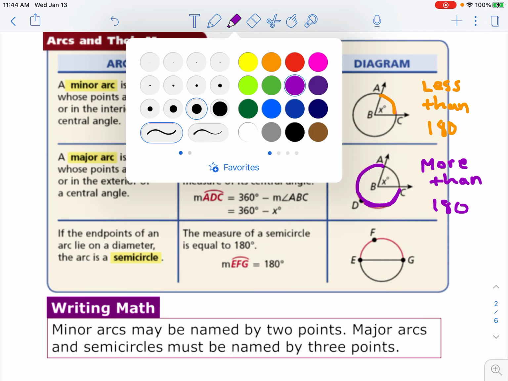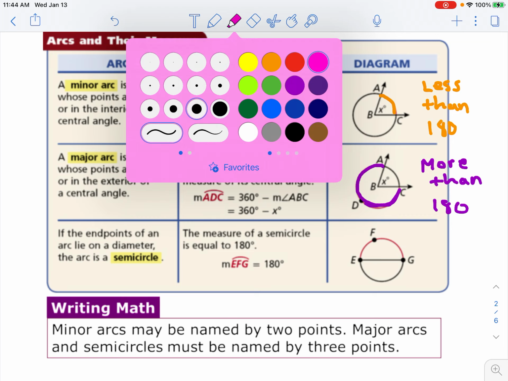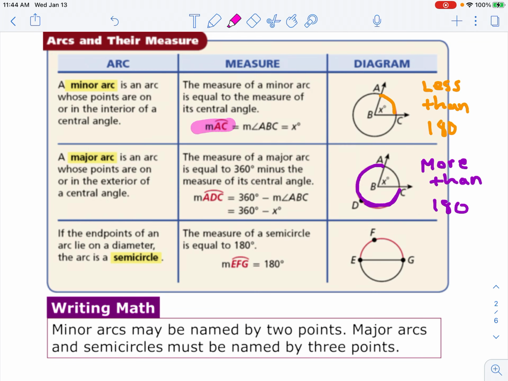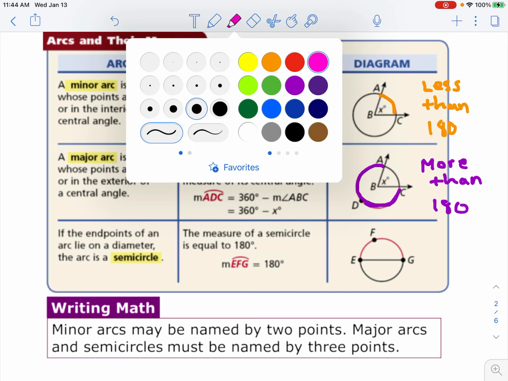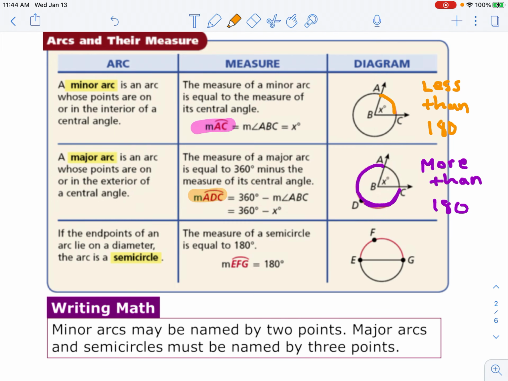When we go to write a minor arc, we just use two letters. When we go to write a major arc, we must use three letters. We go in the order of the letters.